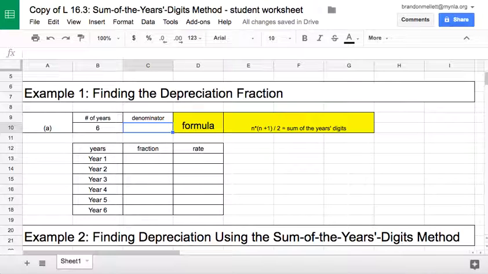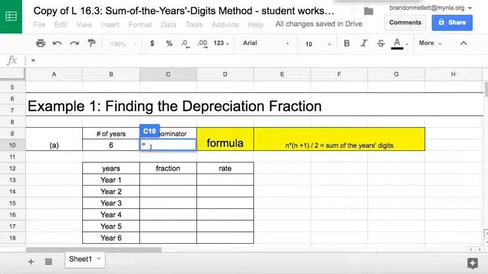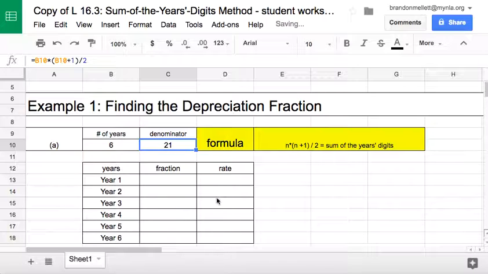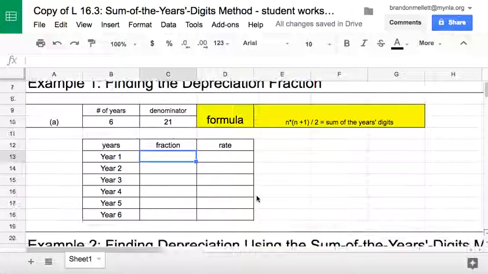The way we find the denominator is by going equals, and then we're going to click on the number of years, that's what n represents, times, parentheses, n plus 1, parentheses, divided by 2. And so our denominator for this is going to be 21. So whatever the amount of years is, this is the formula that you'd be using to calculate this denominator.